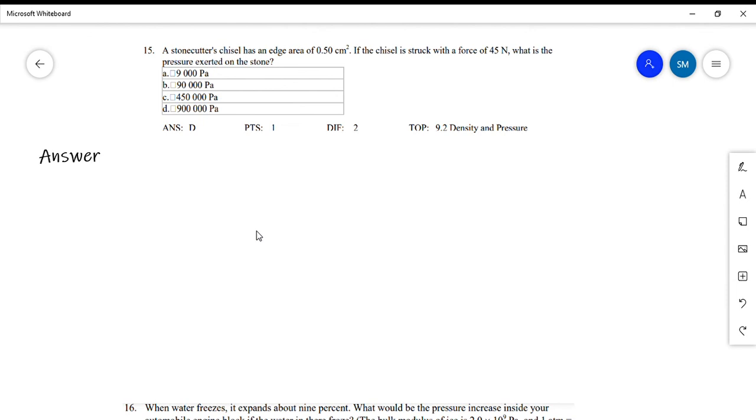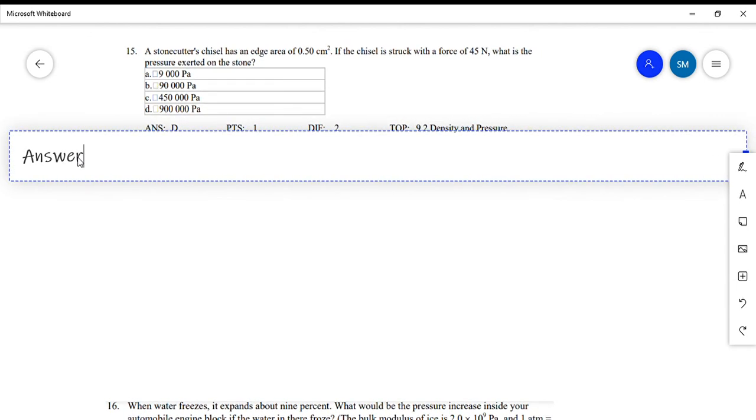It's very simple. So the area is equal to 0.5 centimeter power 2, which is equal to 0.5 over 100 times 100.